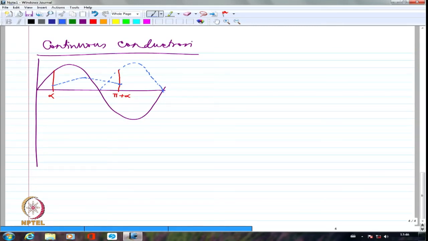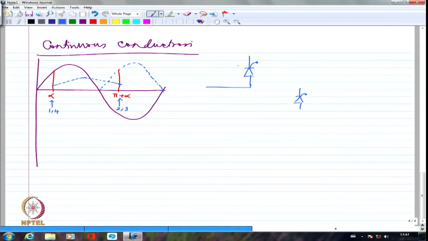So, at this point, I am firing 1 and 4, whereas at this point, I am firing 2 and 3. Right? So, when I fire 2 and 3, let me probably again draw the circuit. This is 1, this is 4.